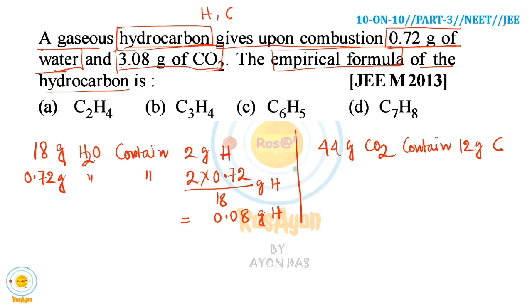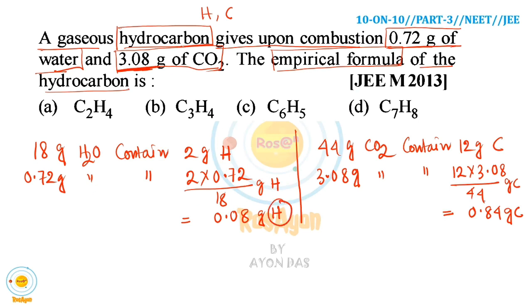This hydrocarbon produced 3.08 gram carbon dioxide. That means 3.08 gram carbon dioxide contains 12 into 3.08 divided by 44 gram carbon, which equals 0.84 gram carbon. So we calculated the amount of hydrogen and the amount of carbon.